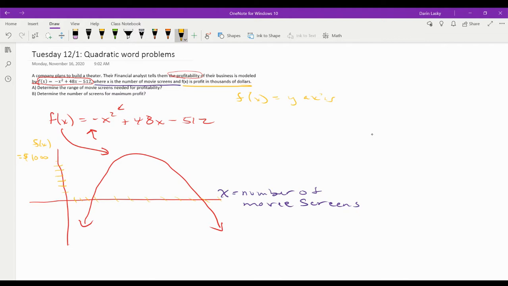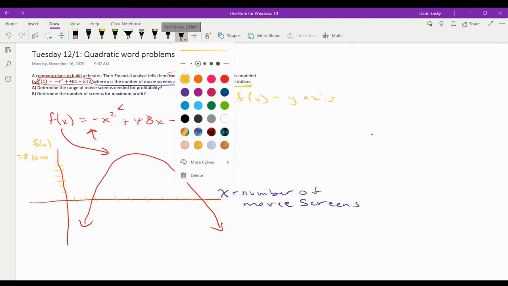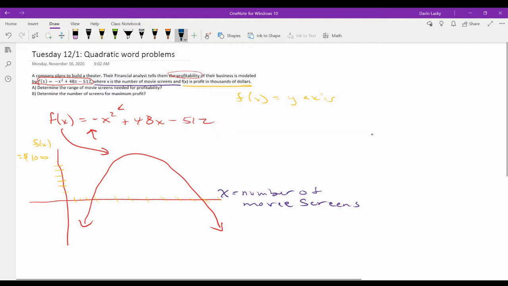So we want everything between here and here, because everything on the outside is losing money. Anything below the x-axis is losing money, and this is our profit.